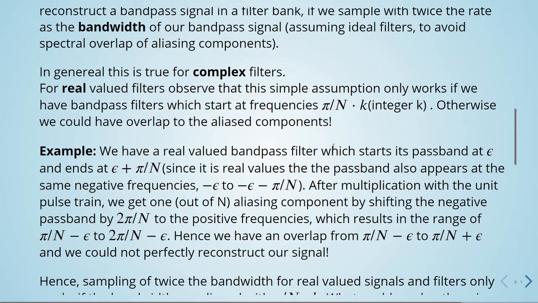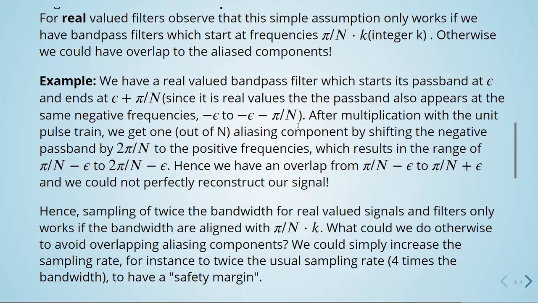After multiplication with the unit pulse train, we get one aliasing component out of N by shifting the negative passband by 2 pi divided by capital N to the positive frequency, which results in the range from pi divided by capital N minus epsilon to 2 pi divided by capital N minus epsilon. So here we have an overlap from pi divided by capital N minus epsilon to pi divided by capital N plus epsilon, and we could not perfectly reconstruct our signal.